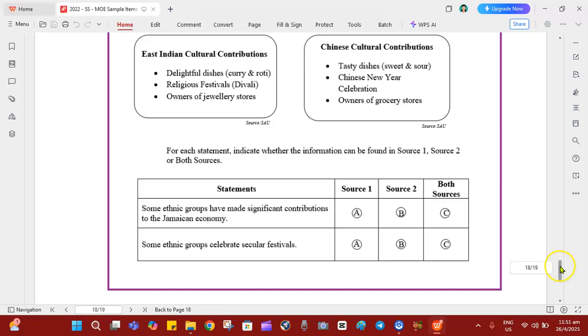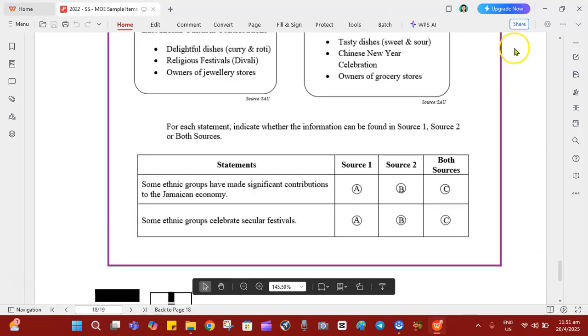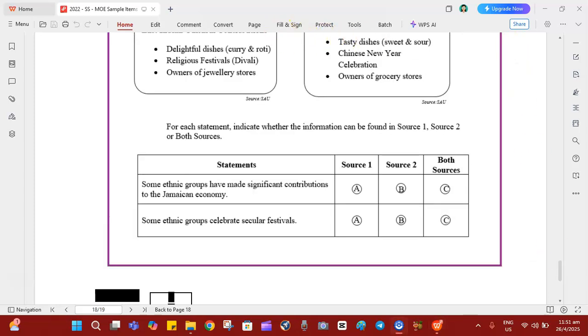We're looking at item 14, that's how far we reached. All right. Some ethnic groups have made contributions, that is C, we know that's true. Which is a secular festival? Chinese New Year. Diwali is a religious festival. All right, so it's CB.